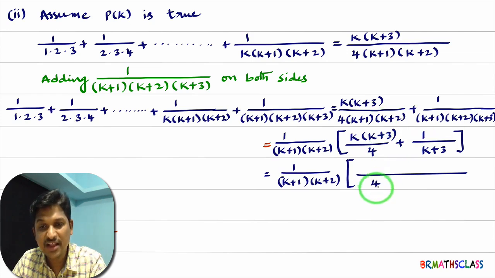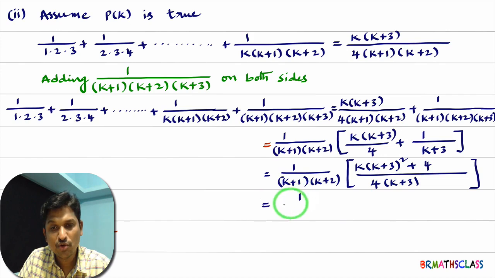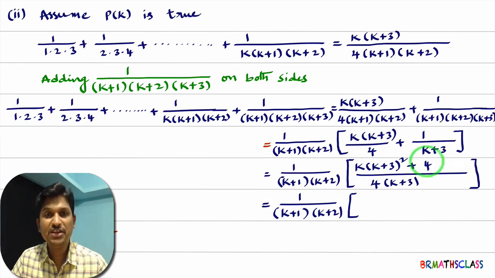What is LCM? LCM is 4 into k plus 3. Now what you will get here? K into k plus 3 into k plus 3, k plus 3 whole square plus 4, that equal to 1 divided by k plus 1 into k plus 2. You simplify this numerator part. You expand k plus 3 whole square and multiply with k.